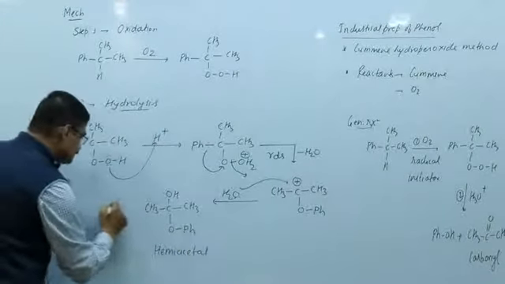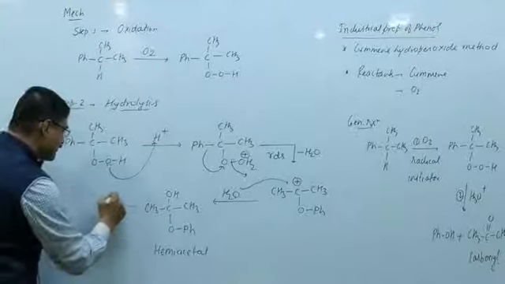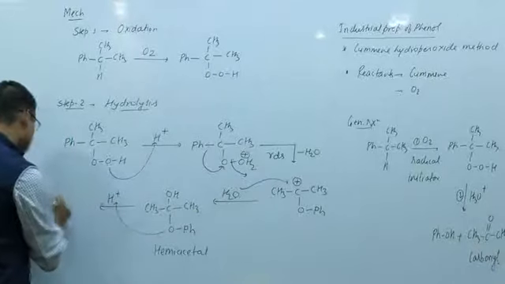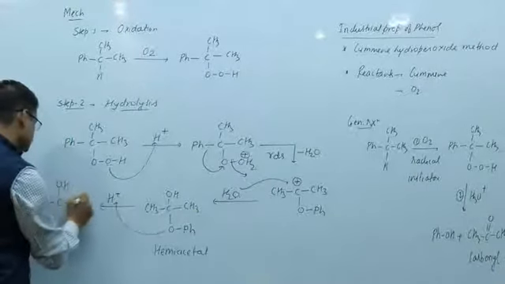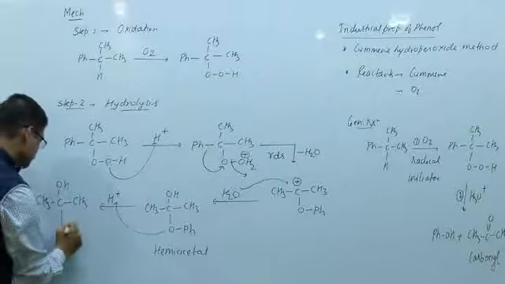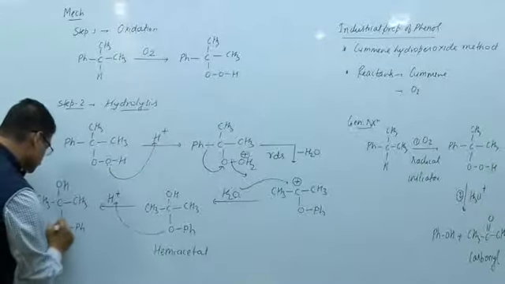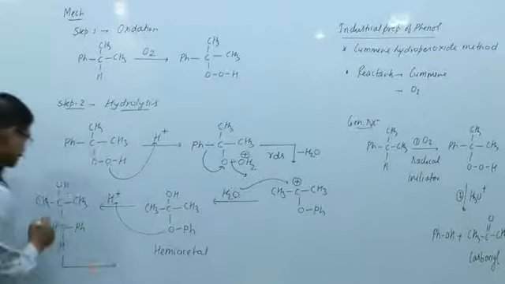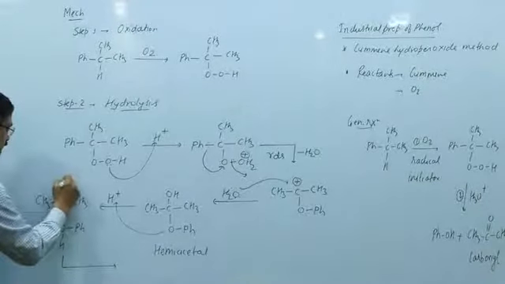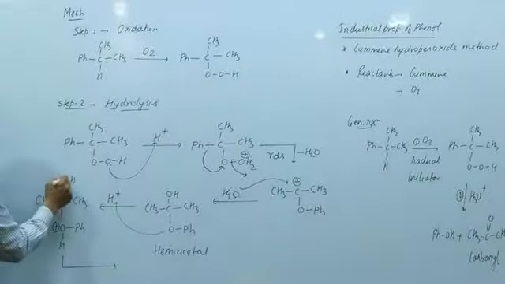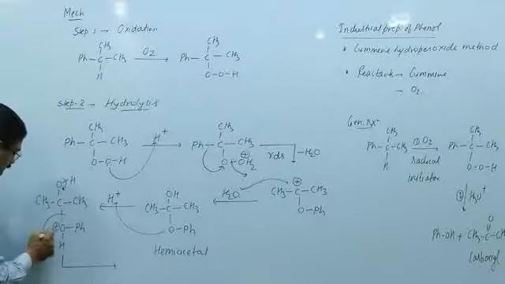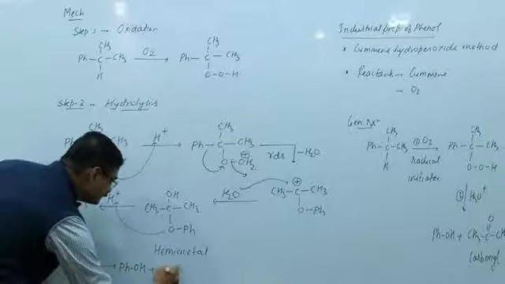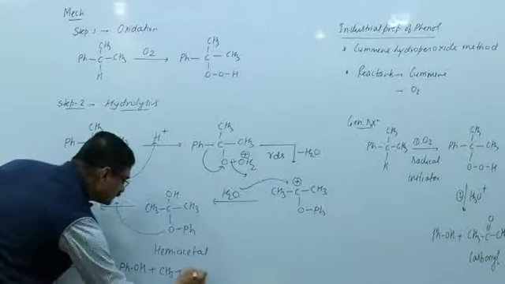This hemiacetal intermediate again gains a proton and is converted into another good leaving group. This is finally removed like this, and converted into phenol plus acetone.